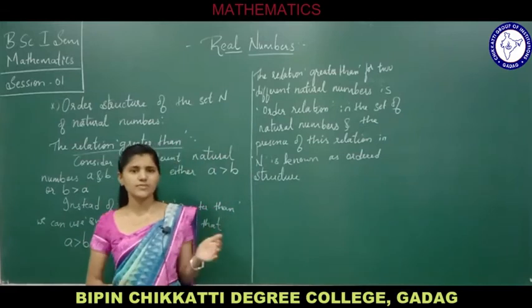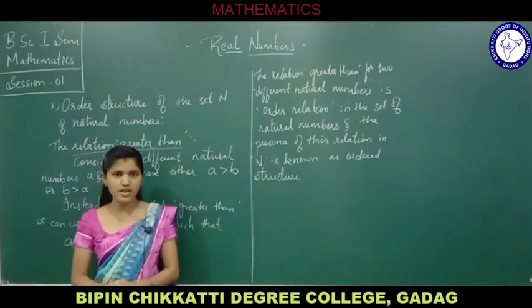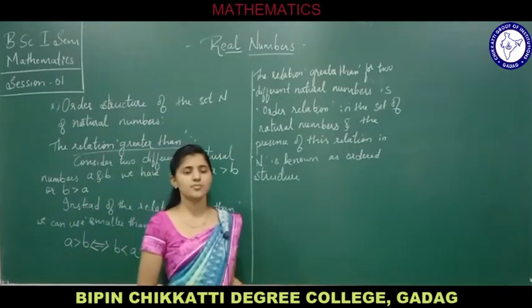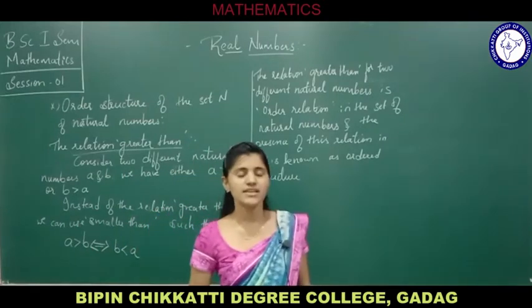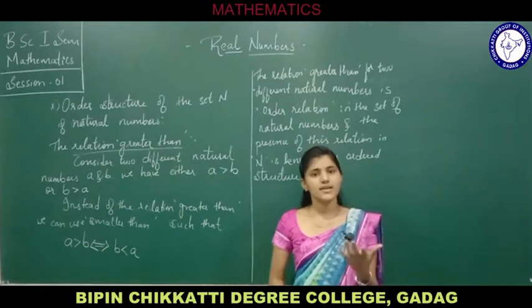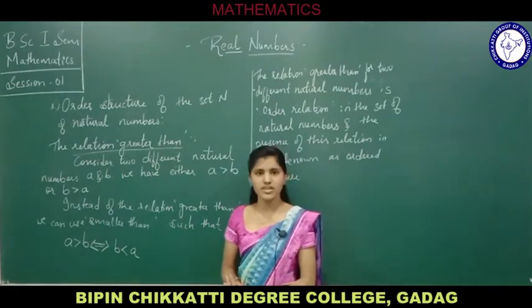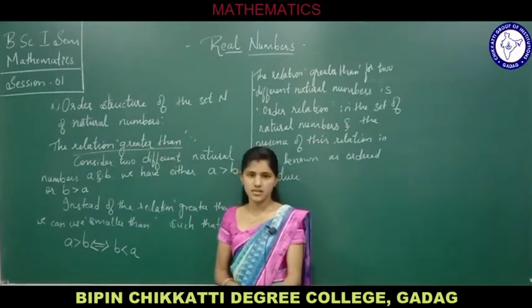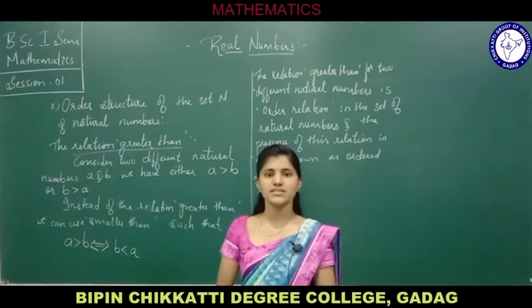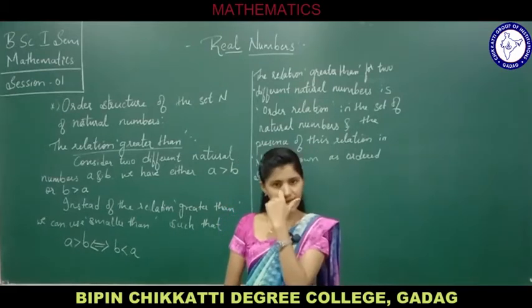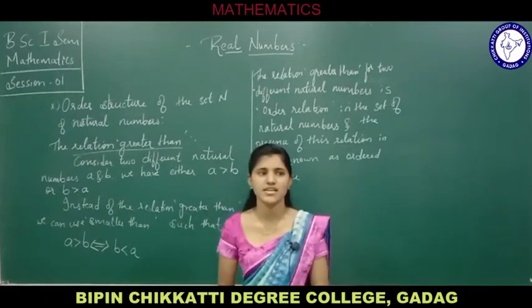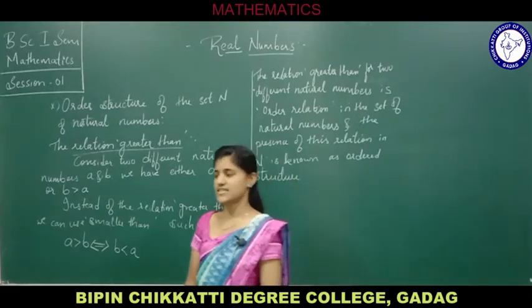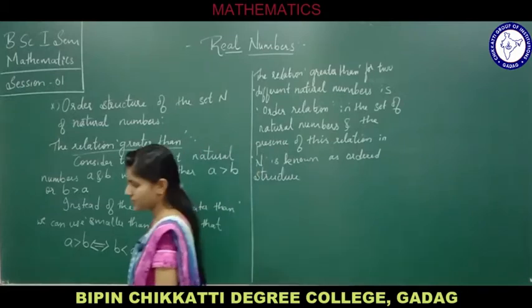Now, as we begin the study of real numbers, we are going to deal with the same properties. If a and b are any two real numbers, then a plus b is the sum of real numbers, and a into b is the product of real numbers. Earlier we had considered a and b as natural numbers; now we consider a and b as real numbers.